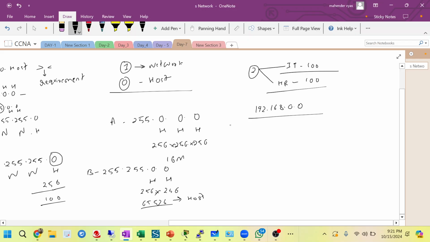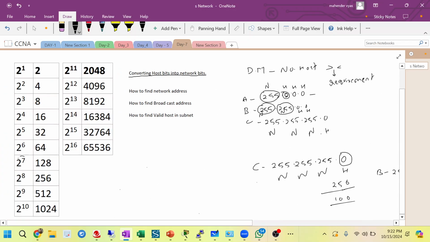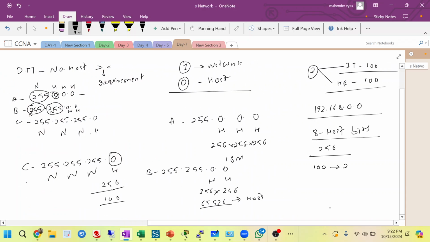See, as of now we have 8 host bits, right? If you take all the 8 host bits, it would be 256 addresses, but our requirement is only 100 addresses. So to get 100 addresses, what is 2 power? For 100 addresses, 2 power 7 it is, right? If you take 2 power 7, how many host bits we need?